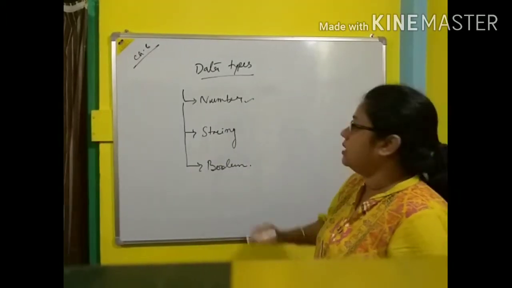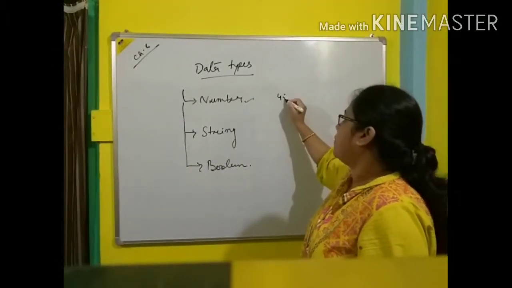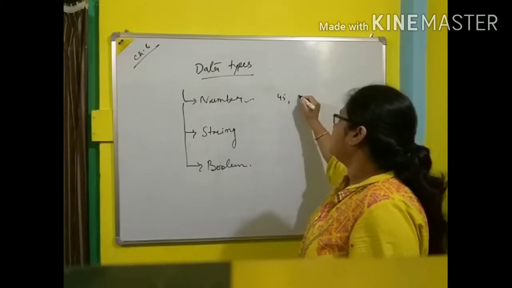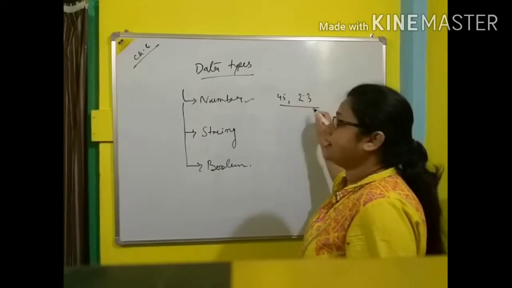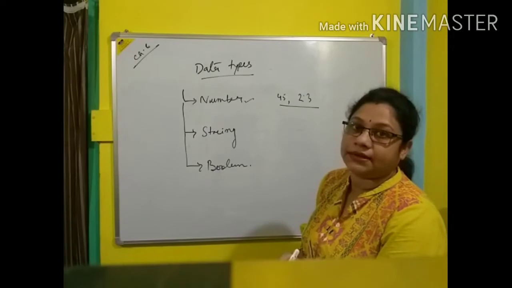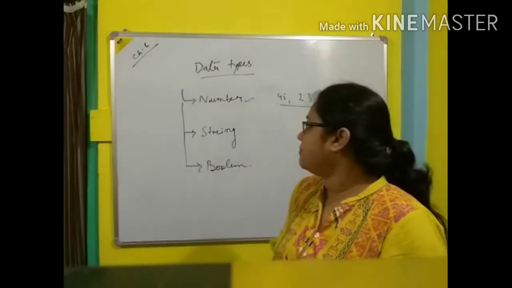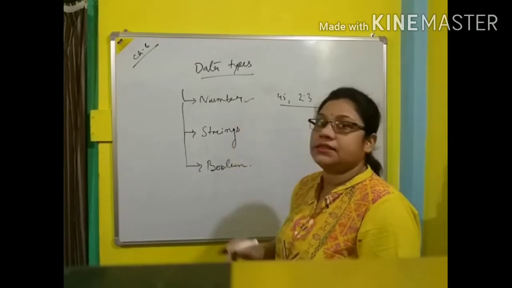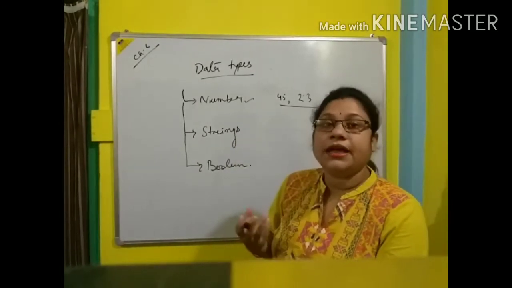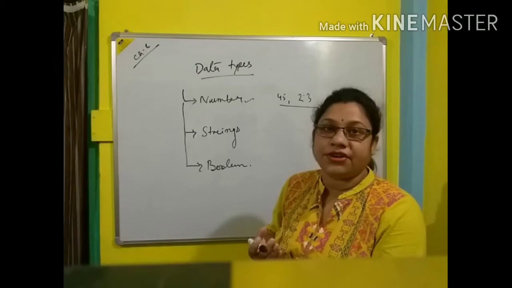For example, 45 and 2.3 belong to the number data type. After that, string. What do you mean by strings? Strings means a group of characters. Your name is a string, my name is a string.